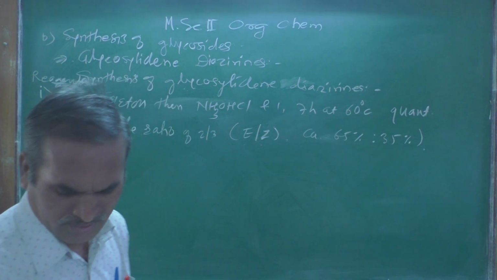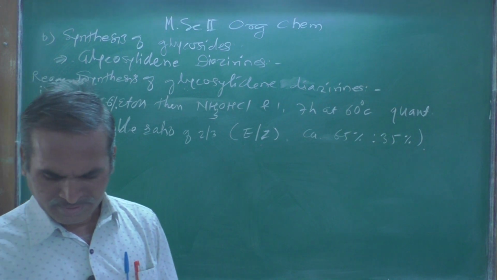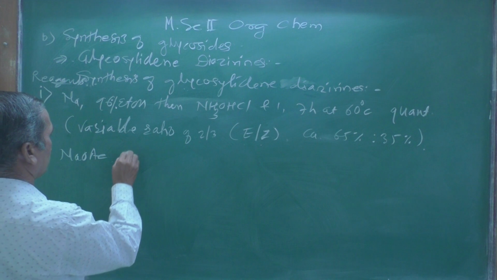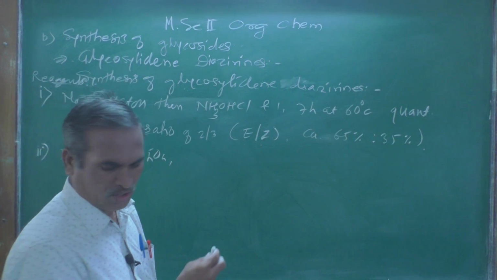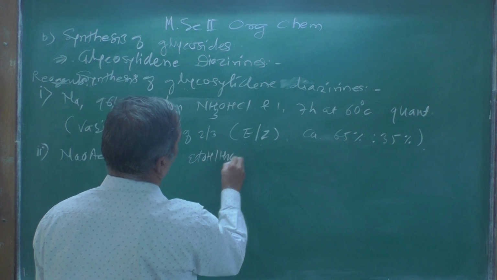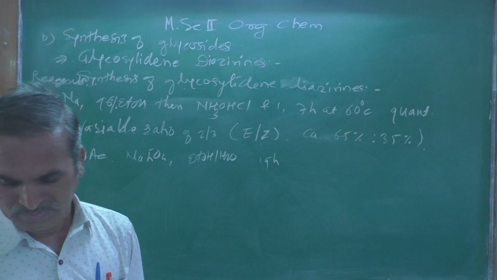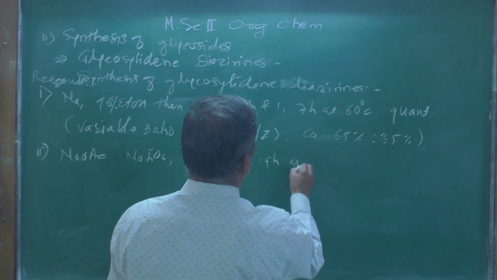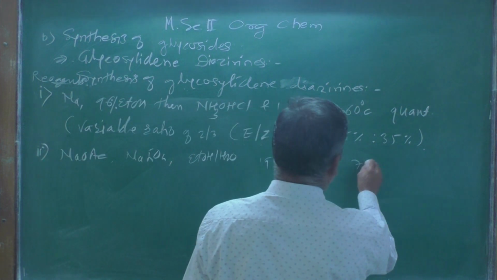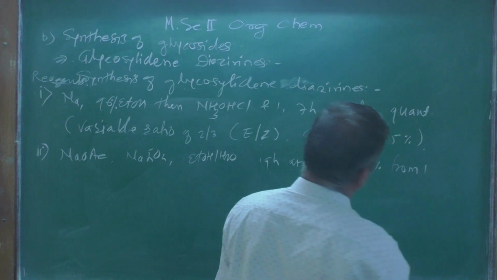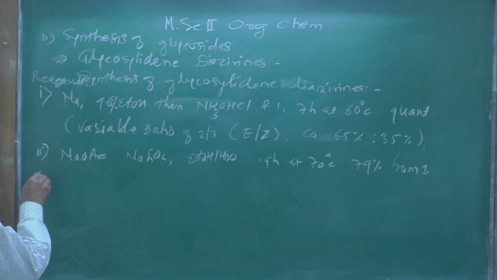The second reagent will be NaOAc, sodium acetate, then sodium periodate, NaIO4, in ethanol in the presence of water, heated for 19 hours at 70 degrees centigrade, and the yield obtained is near about 79% from compound number 1.